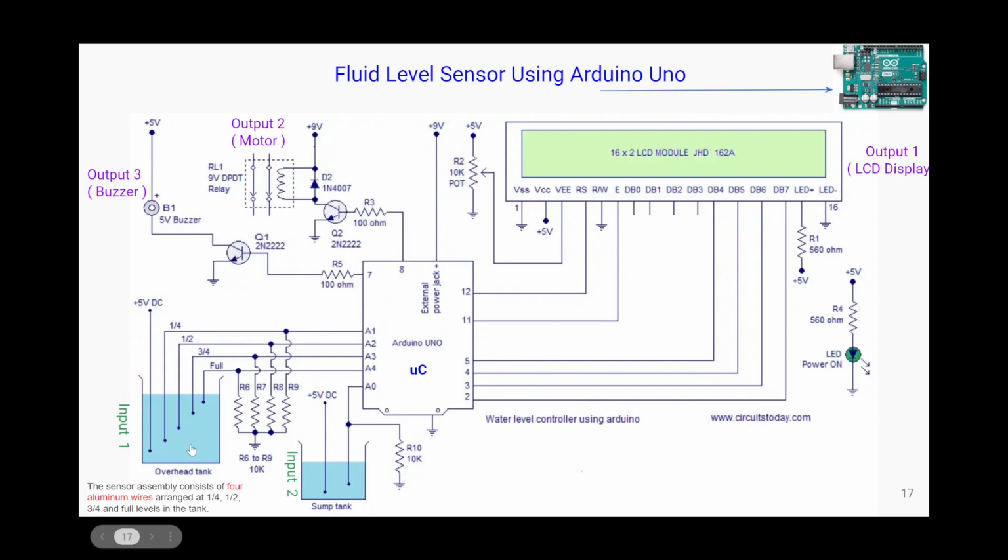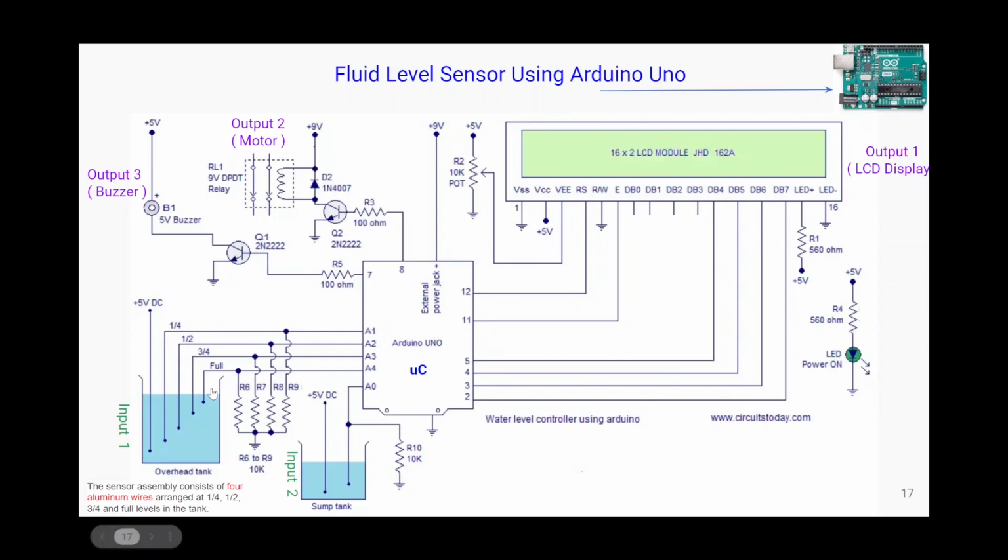So how it happens: these are the aluminum wires going inside the water tank. The plus 5 volts DC is also connected with the water tank. I don't like this way of achieving the fluid level sensing application. One thing I can tell all the students, listeners or audience is to keep in mind that there are always multiple ways to achieve a certain objective.